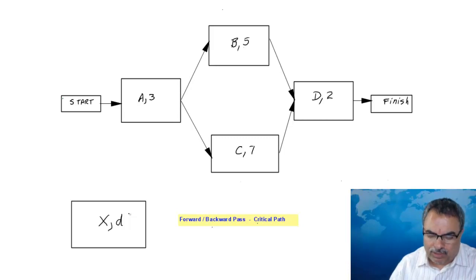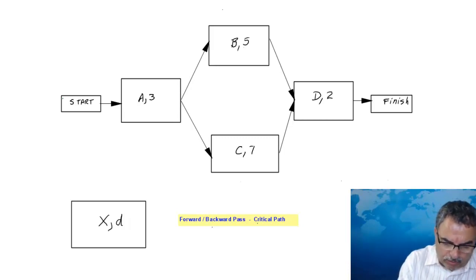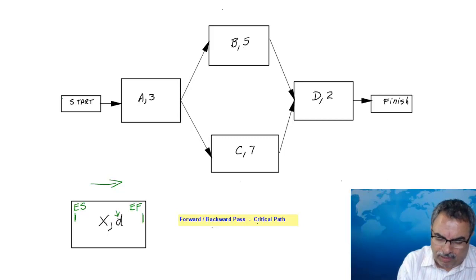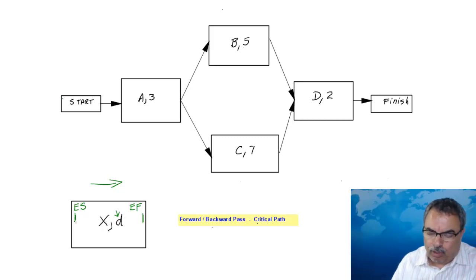If we take each one of these tasks and do what we call a forward pass, we calculate the earliest time we can start that task, the earliest start, and then the earliest finish, which is basically the earliest start plus the duration. But we cannot do it just mathematically. We have to do plus duration minus 1, because we are using that first day also to do the work.